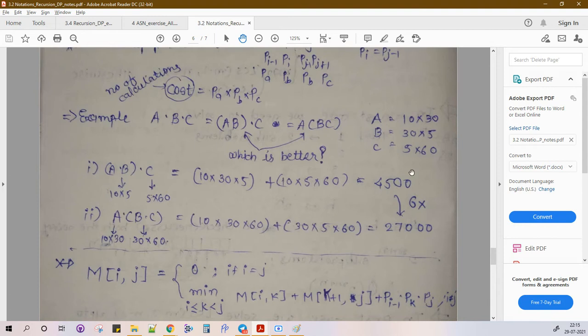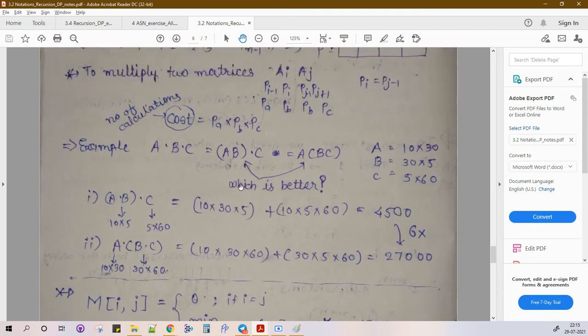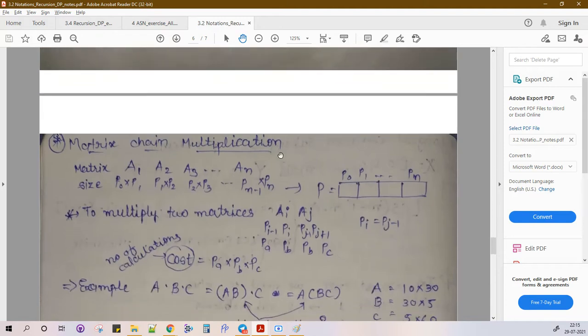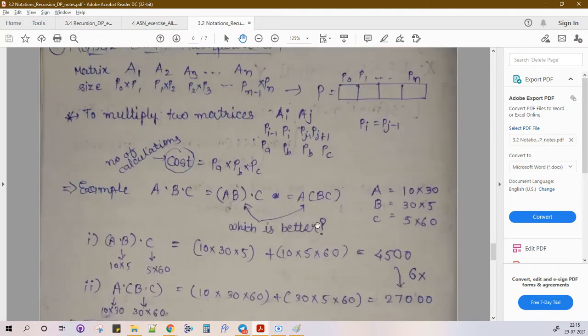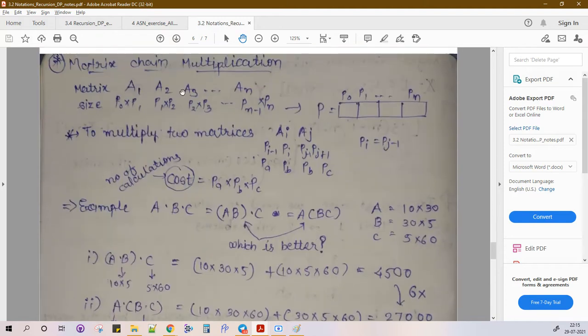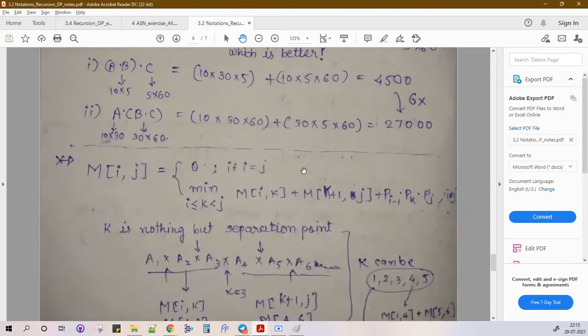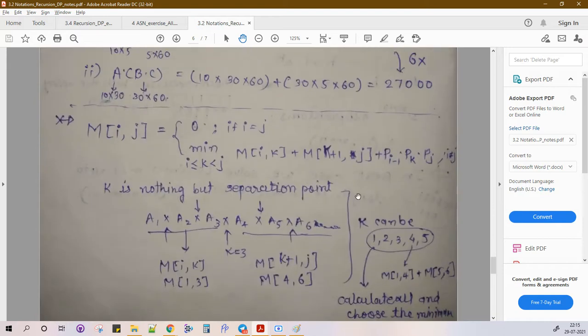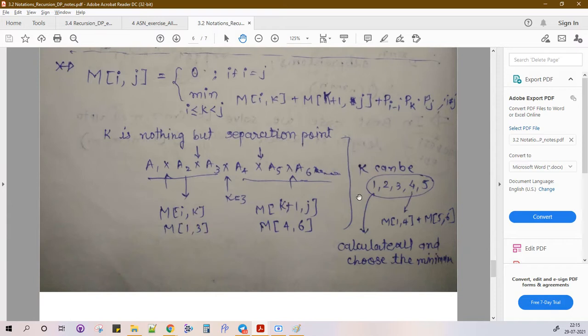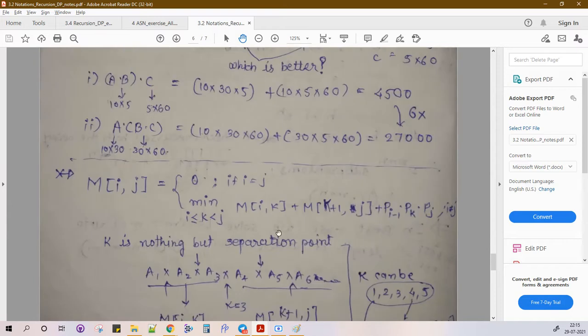Then I will perform 4500 operations, right? So that algorithm is called matrix chain multiplication, or optimized matrix chain multiplication. So what we are solving is we are trying to find out the chain, right? We are basically trying to find out the chain.